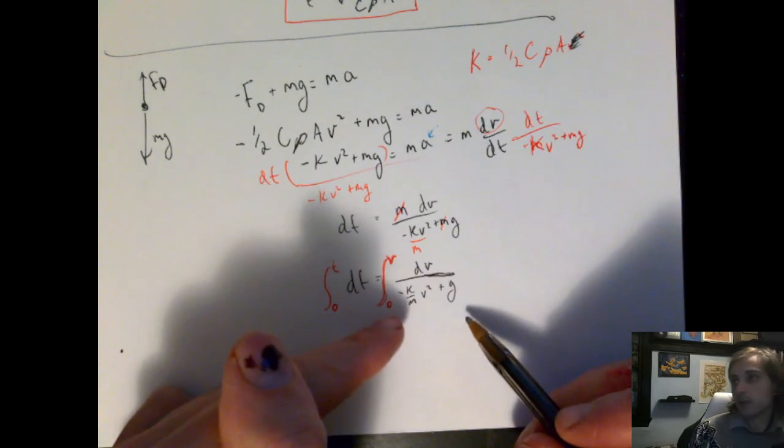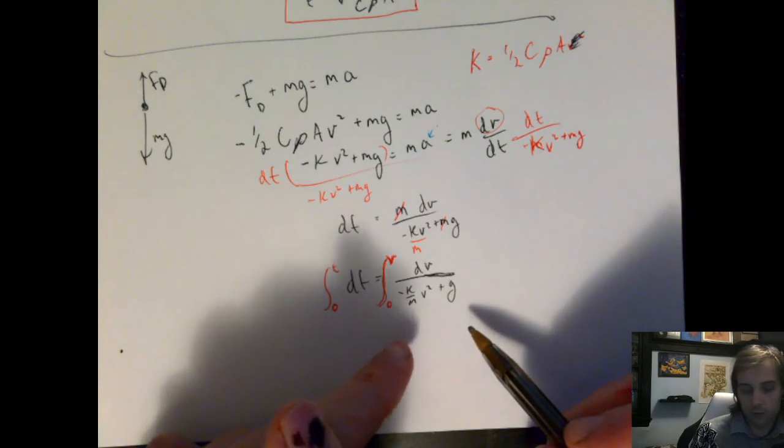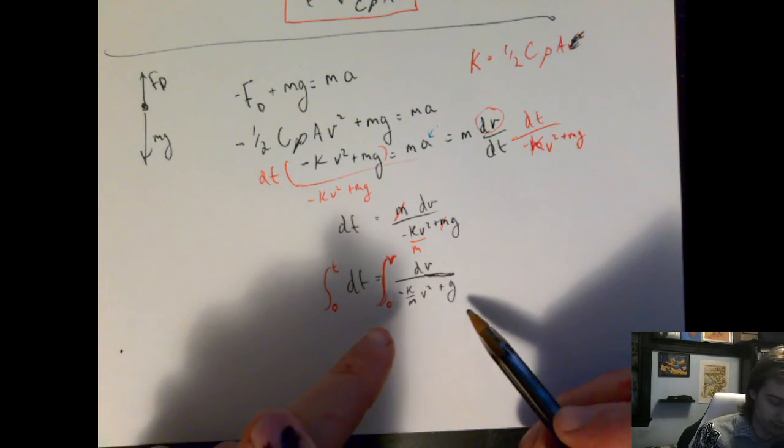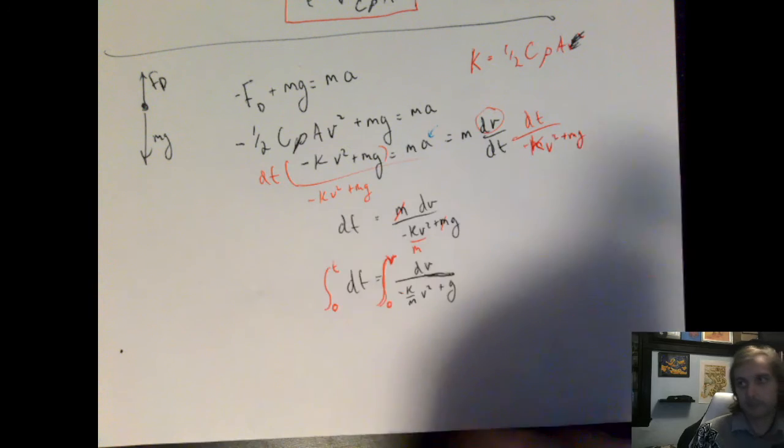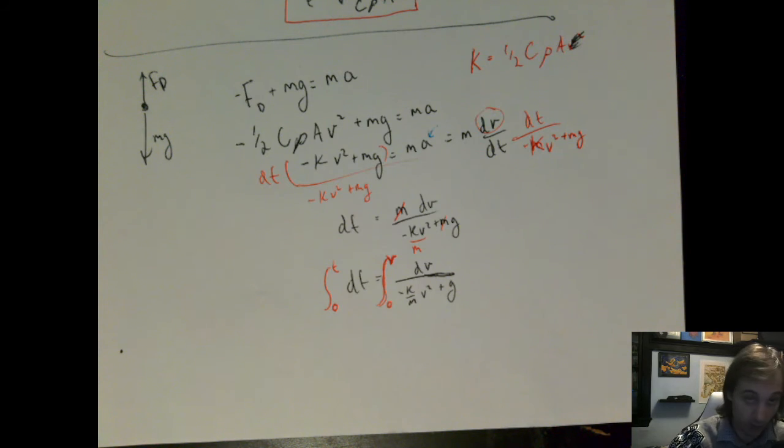That would depend upon your initial velocity. This is the part that's annoying. If we want to find this integral, we basically just have to look it up in the table of integrals. The equation form that we wind up finding is going to be for one of variable plus the thing, or sorry, variable minus the thing squared, and we'll just pull out a negative to make that be true.